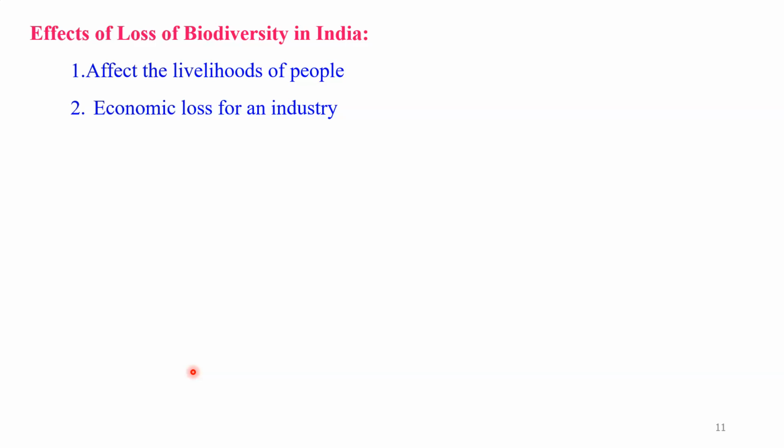Economic loss of industry. This is a very important thing that we observe with respect to India. You know that in India, most industries, directly or indirectly, depend for their raw material supply on this biodiversity. It may be forest, animal byproducts, or other things. So when the area under forest decreases, there is a great loss in the biodiversity.